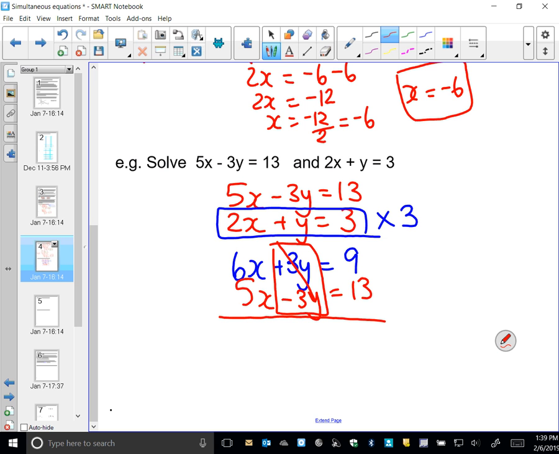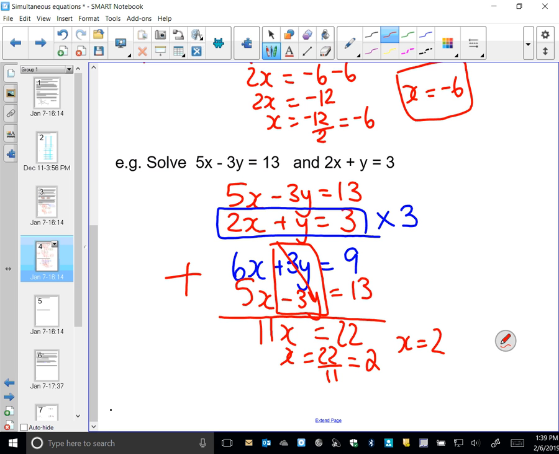I'm going to put an add sign, and so go ahead and add them. So 6x plus 5x gives me 11x, and 9 plus 13 is 22, so x is 22 over 11, which is 2.